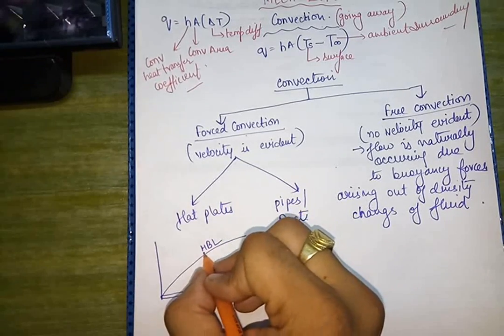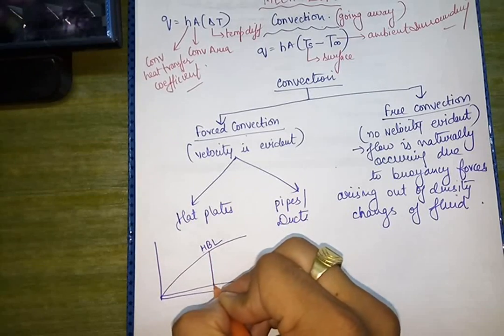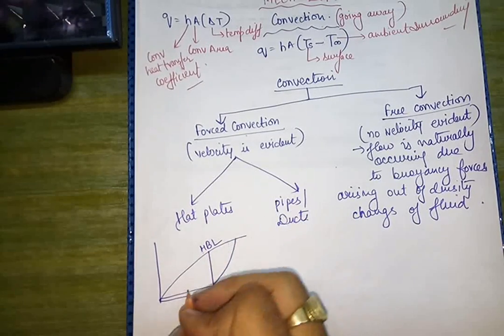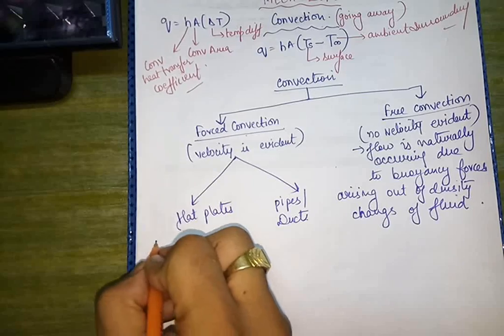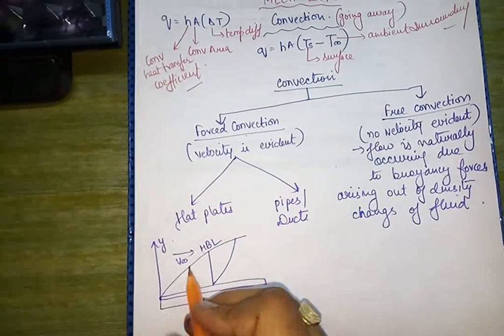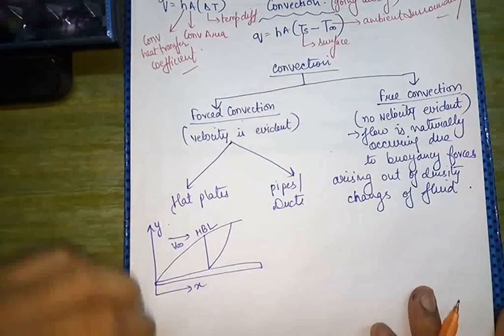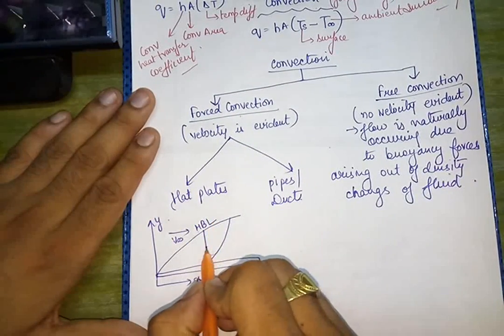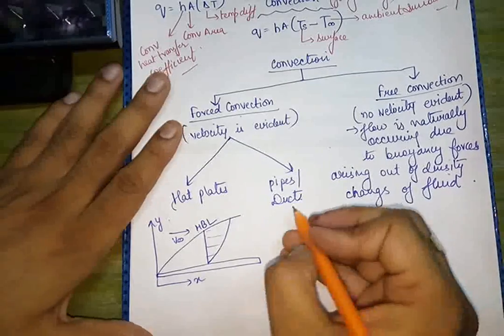HBL stands for hydrodynamic boundary layer, and the velocity profile would be like this. This is the x direction, this is the y direction, this is V infinity, which means the velocity of the ambient fluid.